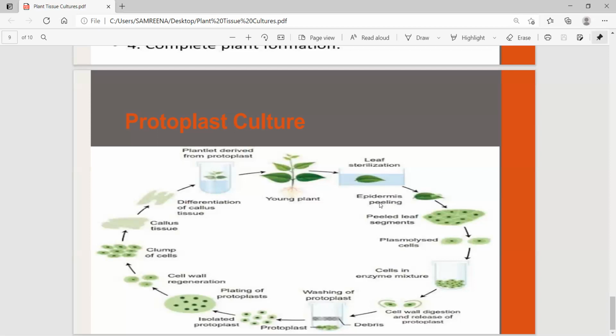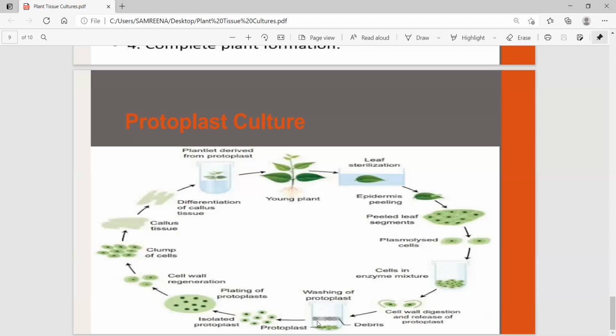We peel the epidermis, then fragment the cells by plasmolysis, and then the cells are treated with enzyme mixtures of cellulase, hemicellulase and pectinases. These enzymes break up the cell wall, and the protoplast is released.